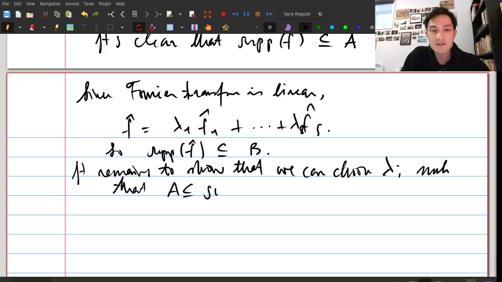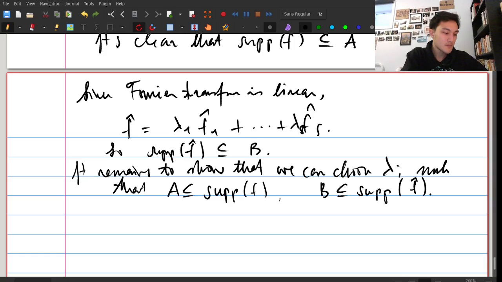So A is a subset of the support of f, and B is a subset of the support of f hat.